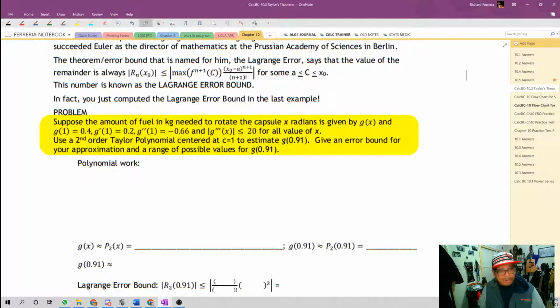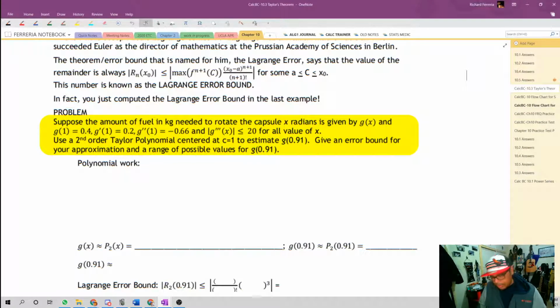Now, this is a very typical problem that you would see on a test. It gives you derivatives. It gives you a bound for a derivative. And that bounded derivative is a third-ordered derivative, and we want a second-ordered Taylor polynomial. So that's incredibly typical.